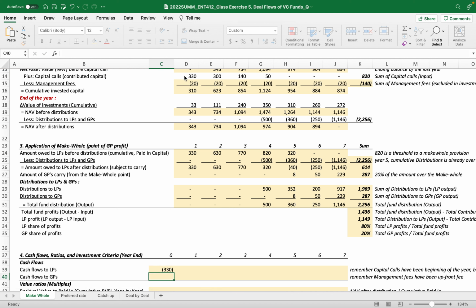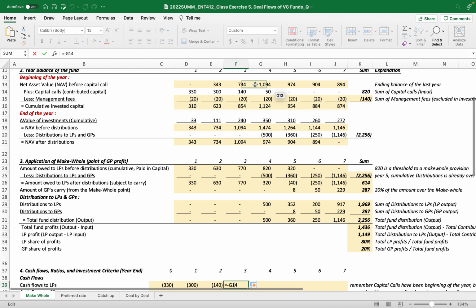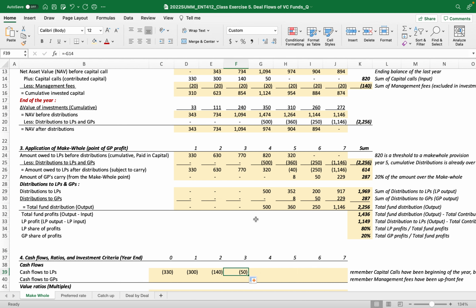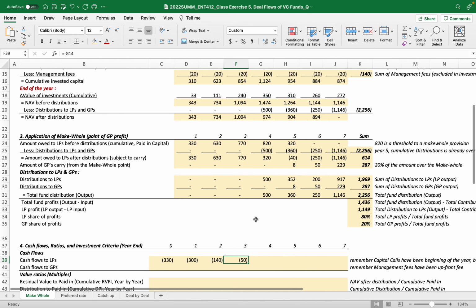There you go. And then let's drag it to the end of year 3. Again, remember the capital calls happen at the beginning of the year, upfront, so that the fund can invest. So we collect all these numbers from the capital calls. After year 3, there are no other capital calls, right?